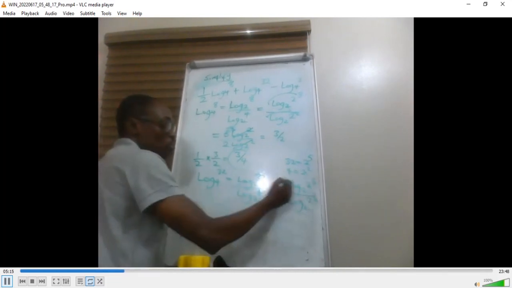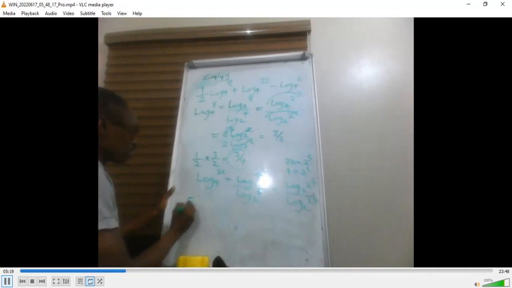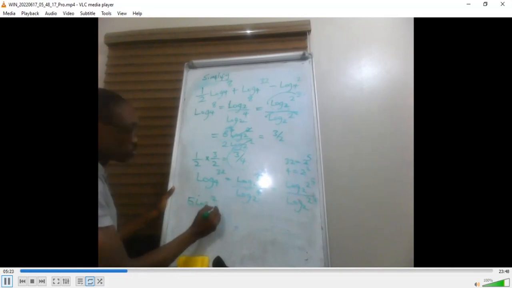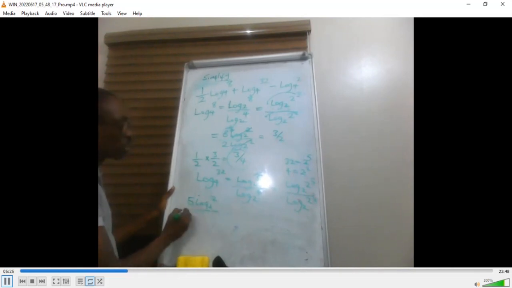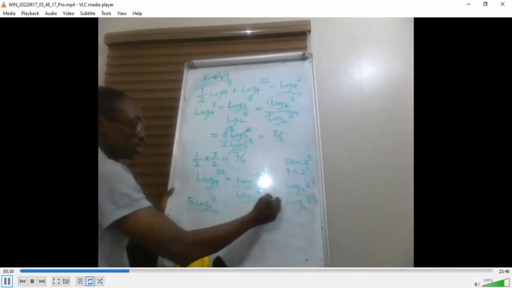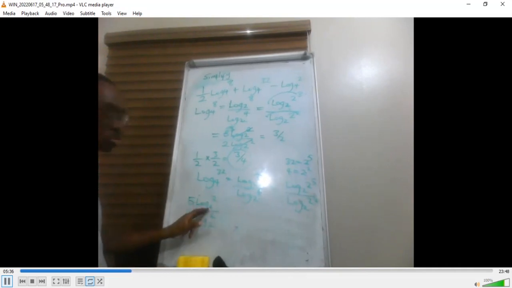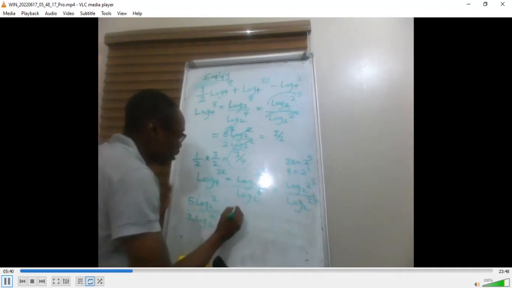The 5 is going to come behind, and the 2 is going to come behind. So you have 5 log 2 base 2 all over 2 log 2 base 2. Log 2 base 2 is 1, so you are going to end up with 5 over 2.